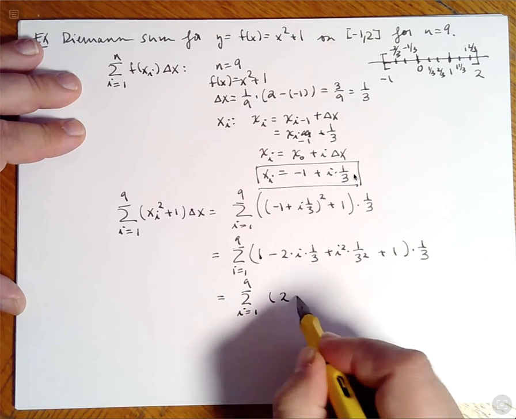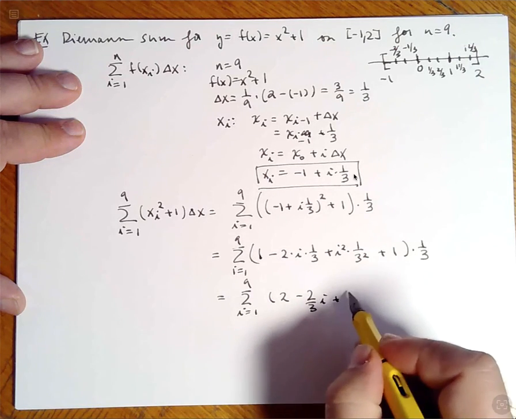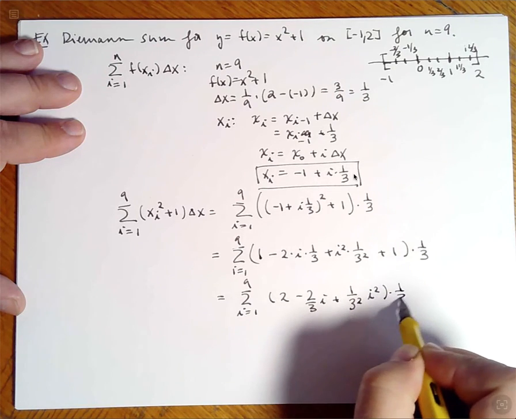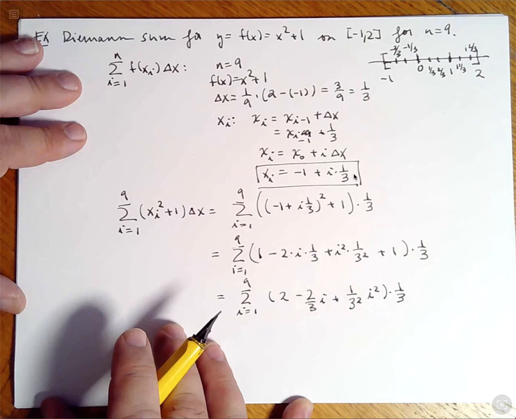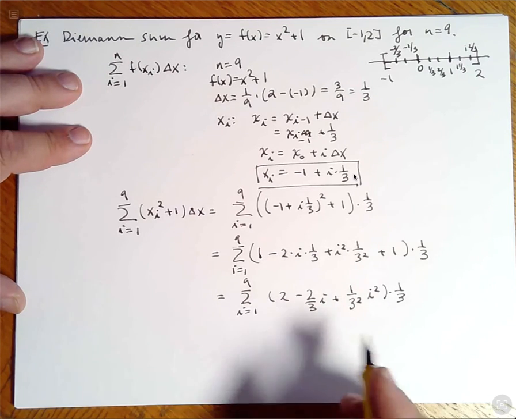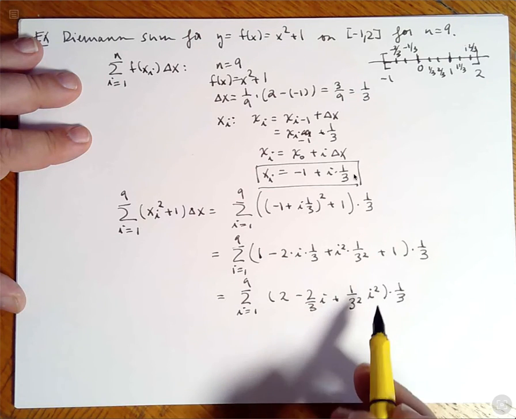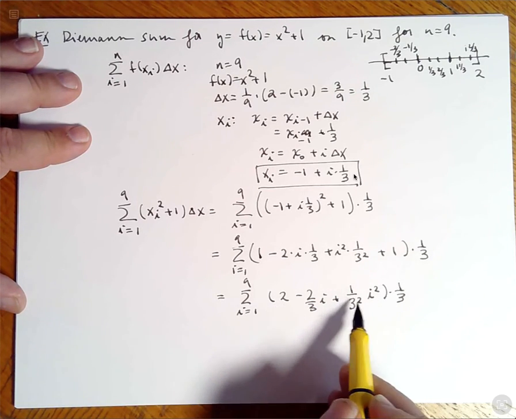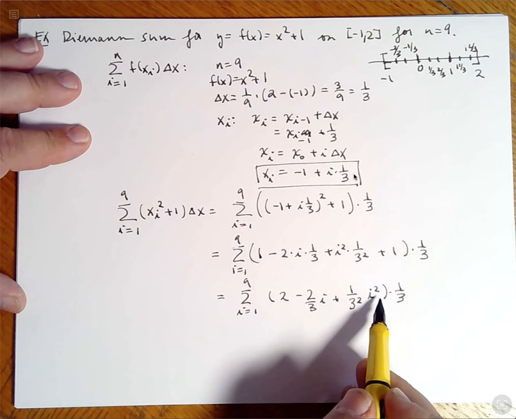You get 2 minus 2/3 i plus 1/9 i squared, times 1/3. And that's as simple as we can go. Can't combine any more terms. Each of these terms is distinguished by having a different power of our index. Here's our index to the 0th power, index to the 1st power, index to the 2nd power.